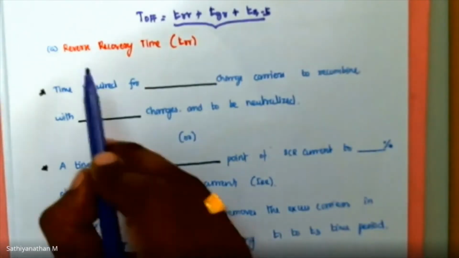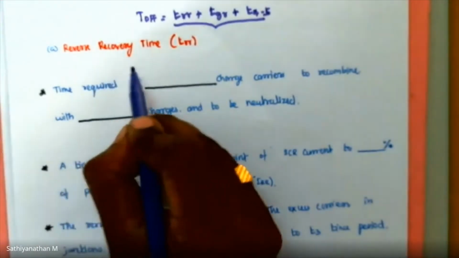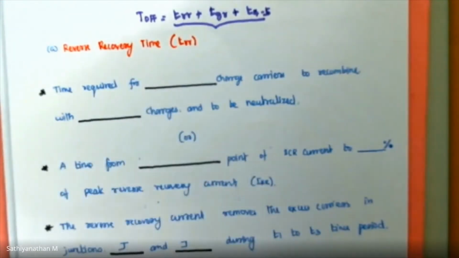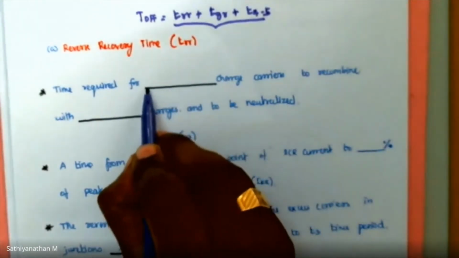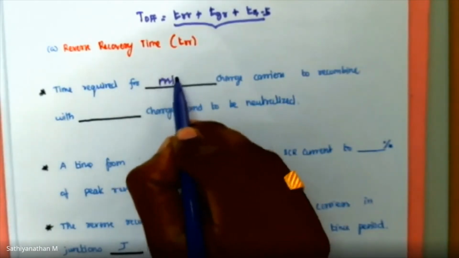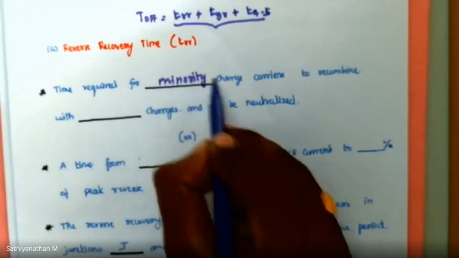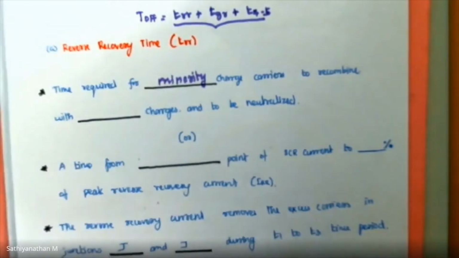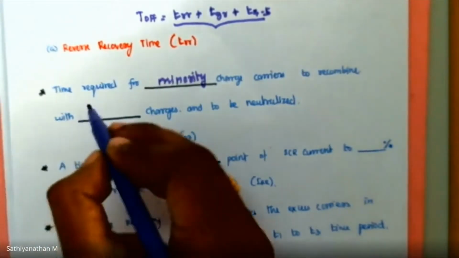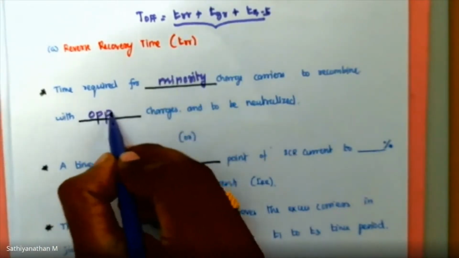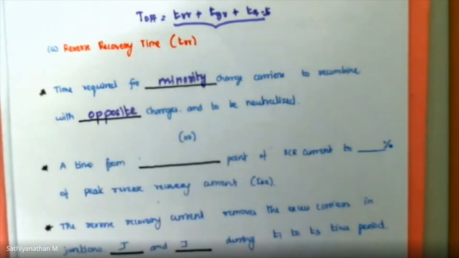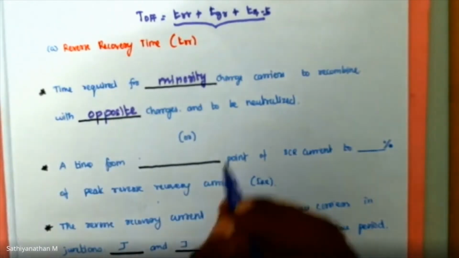Okay. So reverse recovery time. If you take the reverse recovery time, it is the time required for an SCR for the minority charge carriers to recombine with the opposite charges, and they should be neutralized.